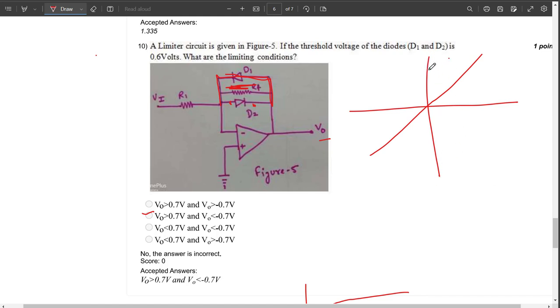So this is our vi, and this is our vo. So this can be taken as time t, let's say.